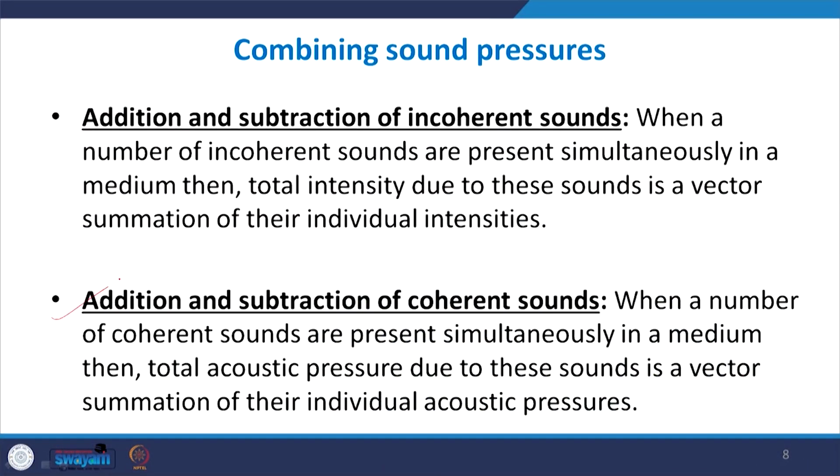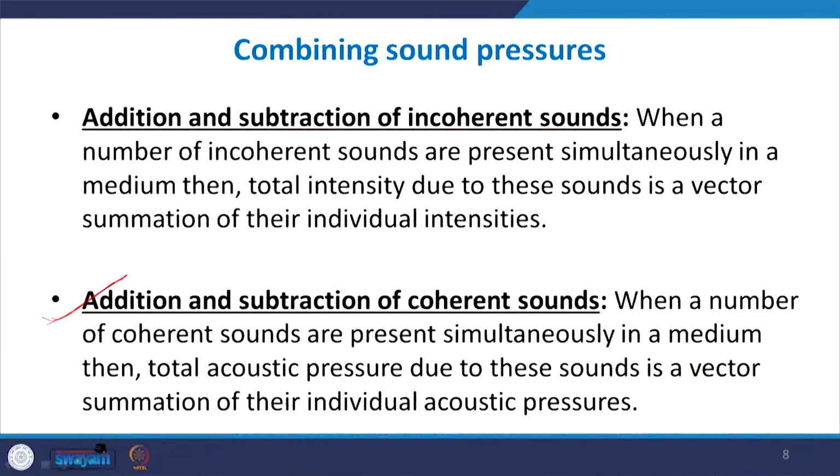We had already studied this before when we were doing standing waves. What we studied was that suppose we have two different waves, then the resultant wave could be a standing wave. The resultant wave is simply obtained by summing or subtracting in whatever case. It is simply a vector summation of their acoustic pressures, and that is how we got a standing wave.